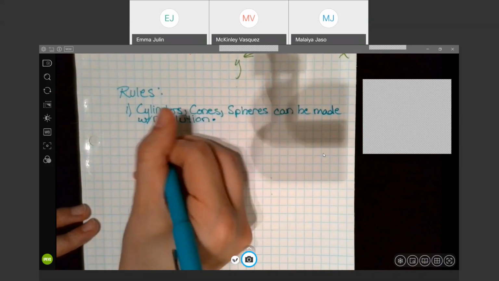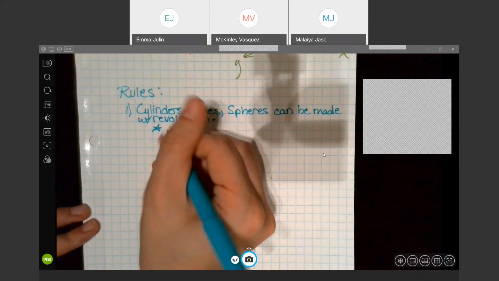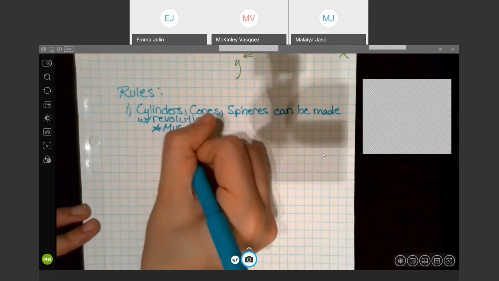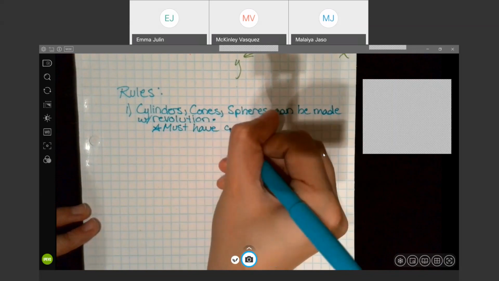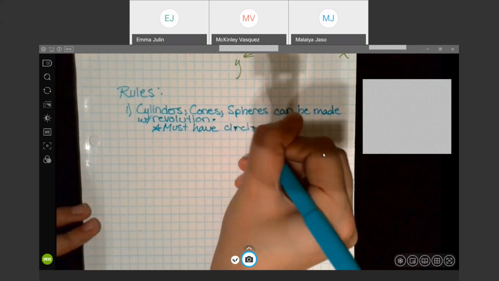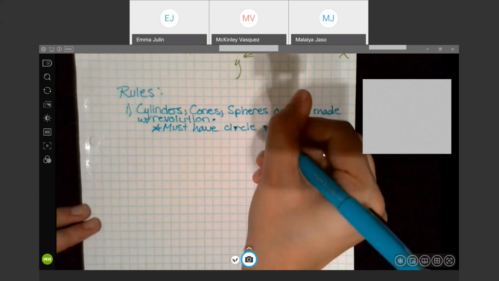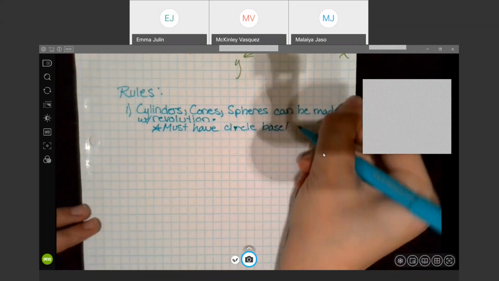I'm going to do a little star below this one that says must have circle base/cross section.